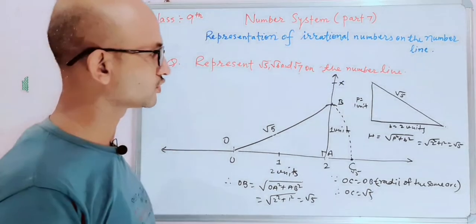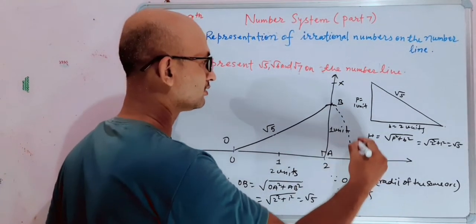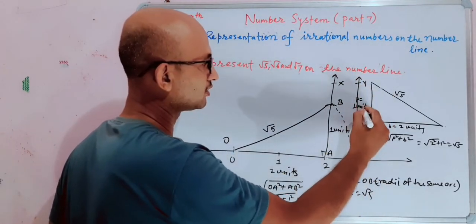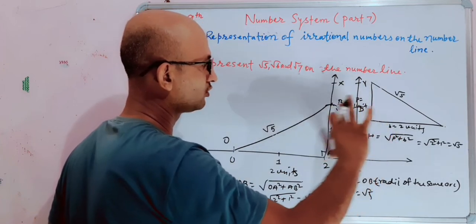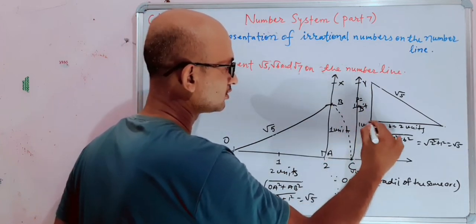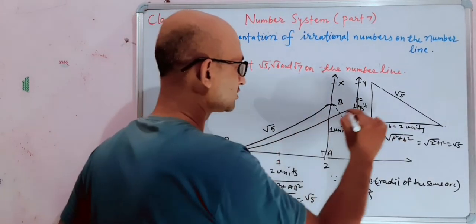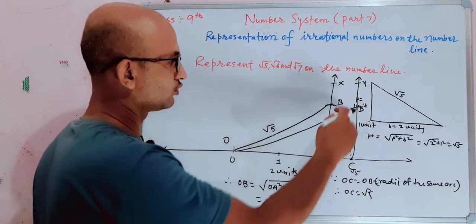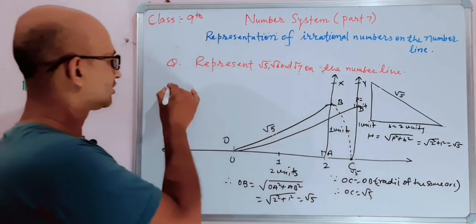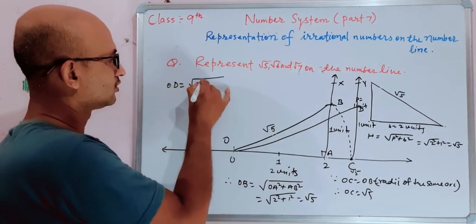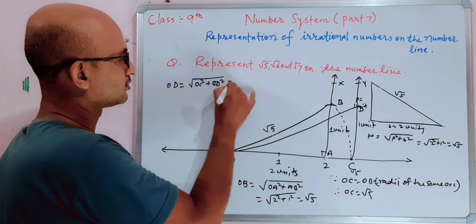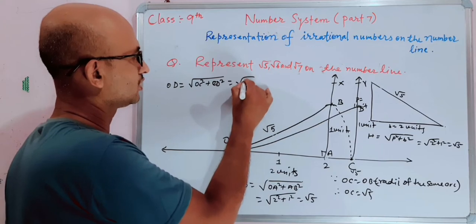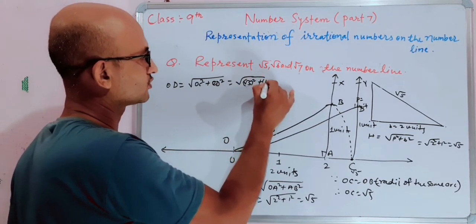Now to represent root 6 on the number line, at C we draw a perpendicular and from this perpendicular we cut off CD equal to 1 unit. On joining O to D, we get a right angle triangle OCD in which OD is the hypotenuse, equal to the square root of OC square plus 1 square, that is, root 5 square plus 1 square.